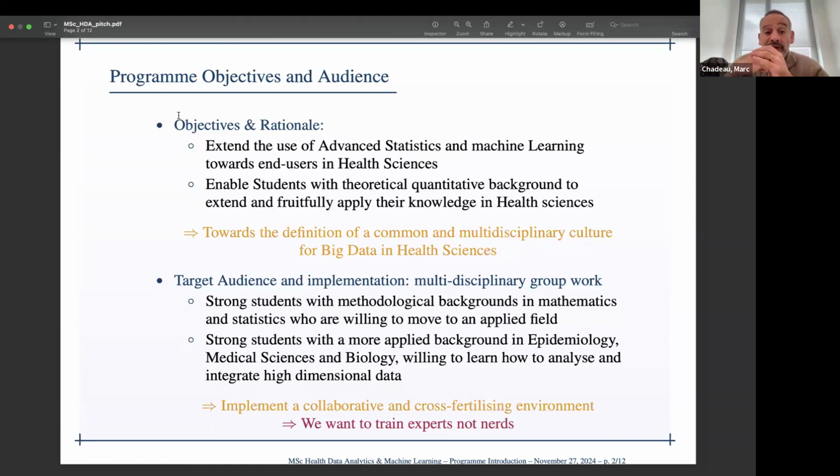So our idea was really to extend the use of these advanced machine learning, statistical, and AI approaches towards the end user in the health domain, and on the other side, to make data questions available to students with a more methodological background.